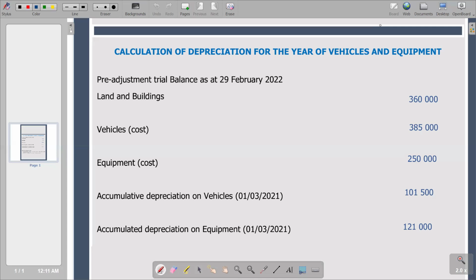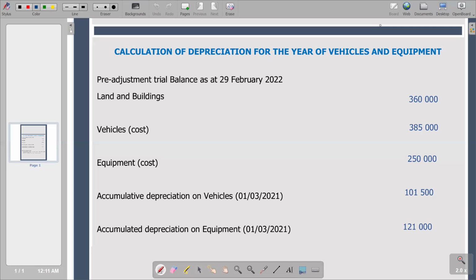The reason is that the method we use to calculate depreciation using the diminishing balance method is we use a percentage, and then we multiply it by the book value or the carrying value, whereby we get the carrying value by saying the cost minus accumulated depreciation.